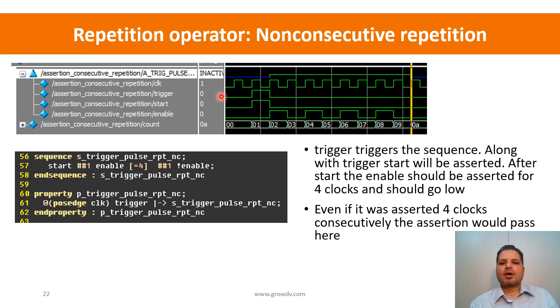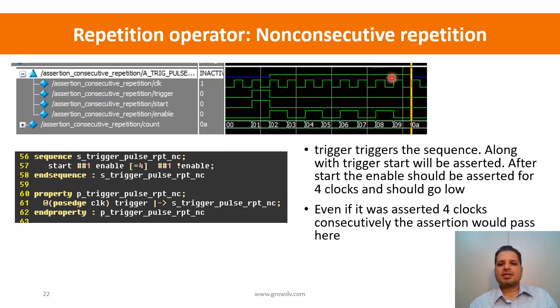Okay, so let's look at the waveform. Now if we see over here, what's happening is we are getting a trigger on this count equal to 1, and the start is also asserted immediately. Now if you see, the enable has been asserted for 1 clock, going low, asserted for 1 more clock, going low. So this has happened for four clock cycles, and then it has gone low at this point of time, and that's when the entire property is satisfied and it has passed.